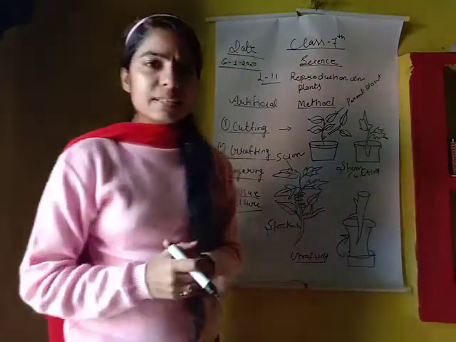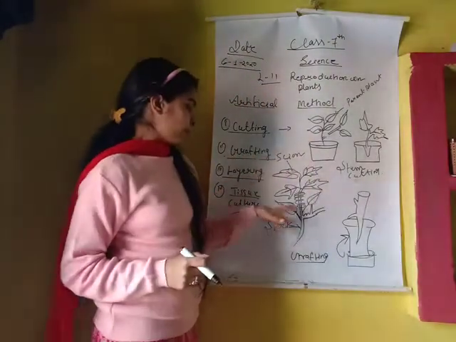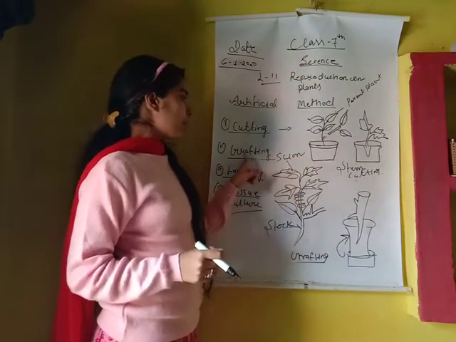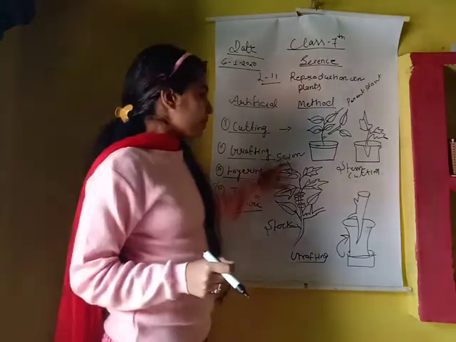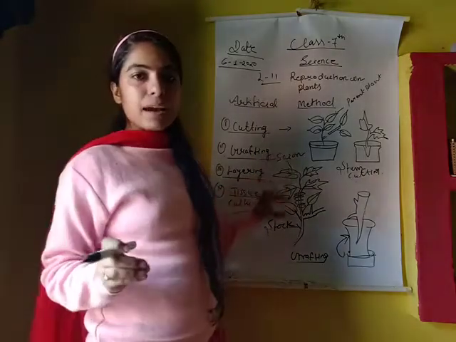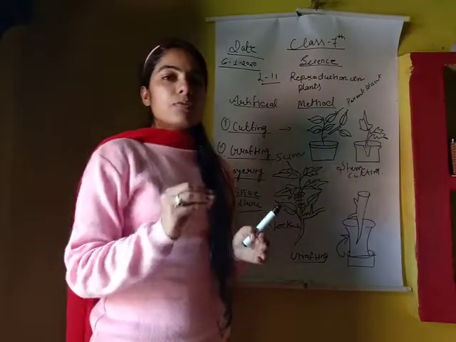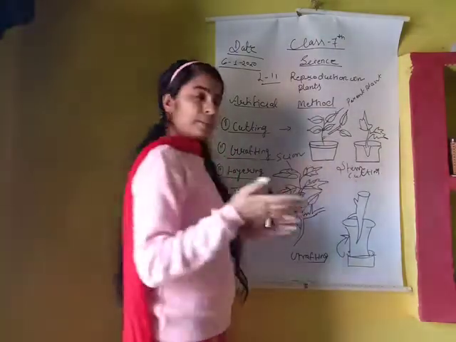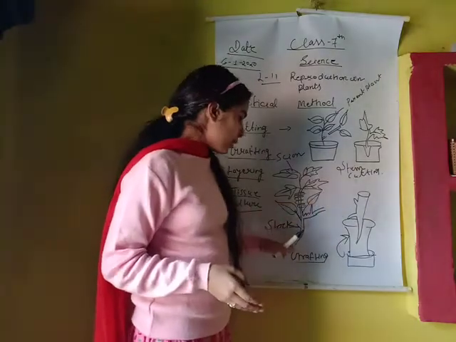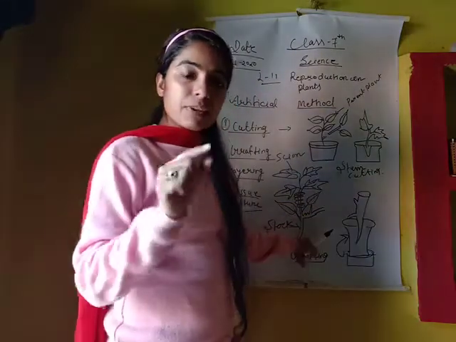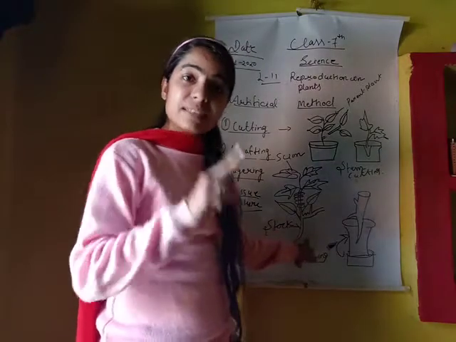So for example, we have taken here, this one is the process of grafting. Always remember, in the grafting process, firstly in any plant where a bud is found, from there it is cut and joined with the roots of the other plant. The plant where the bud is found is known as a scion.